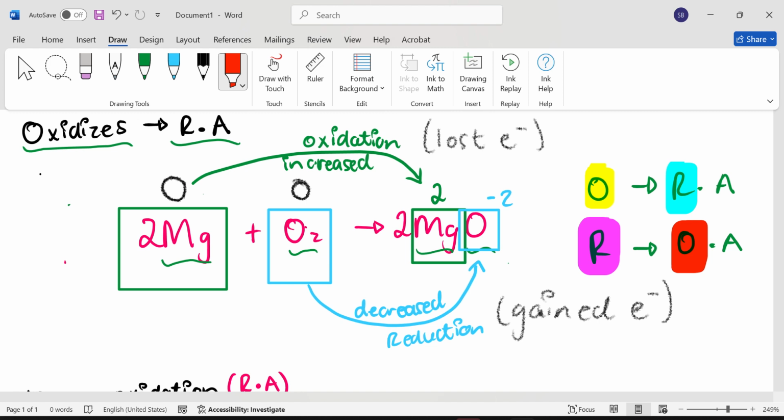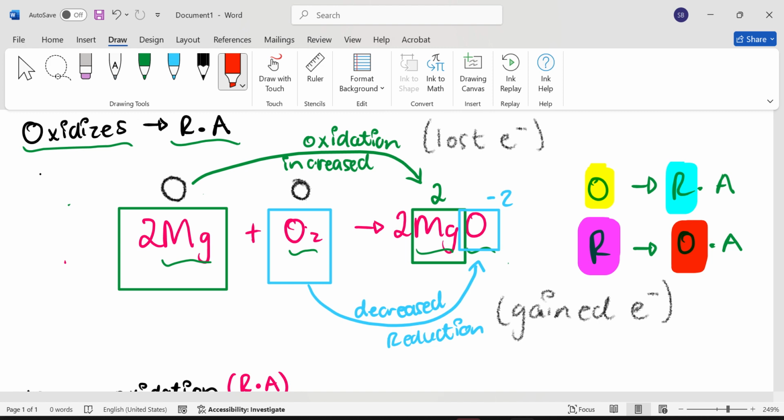When my friend accepts electrons, he only accepts those electrons because I gave them away. So reducing agent is because I oxidized. Oxidizing agent is because I'm reducing. So when I oxidize, I force my friend to reduce.